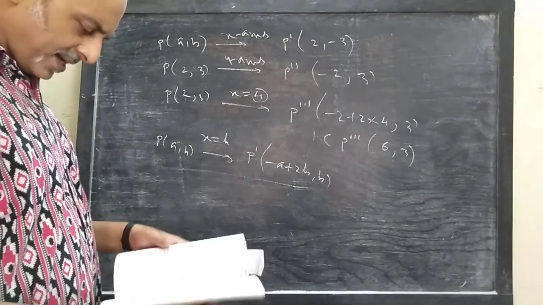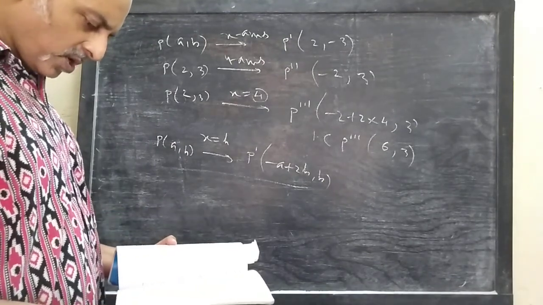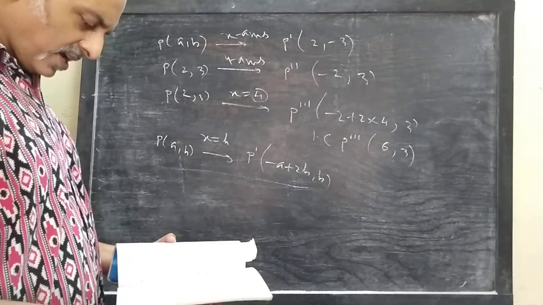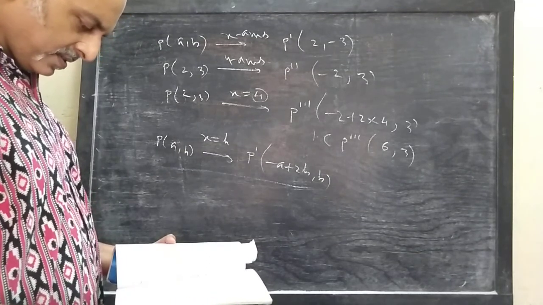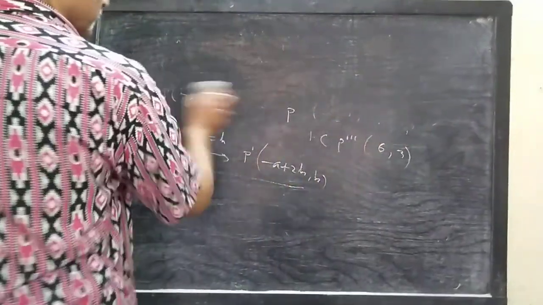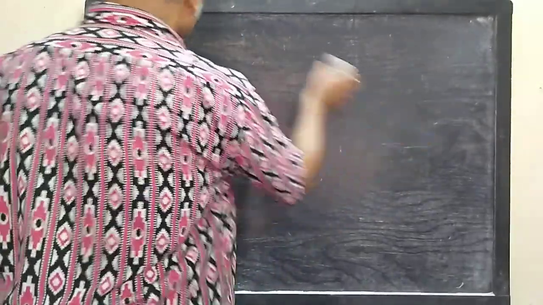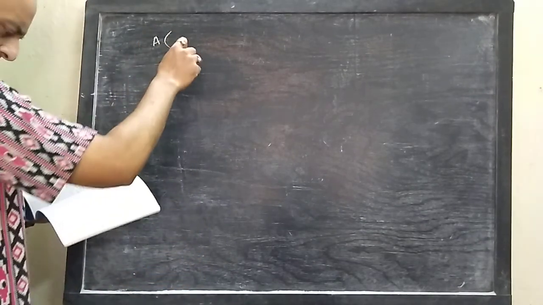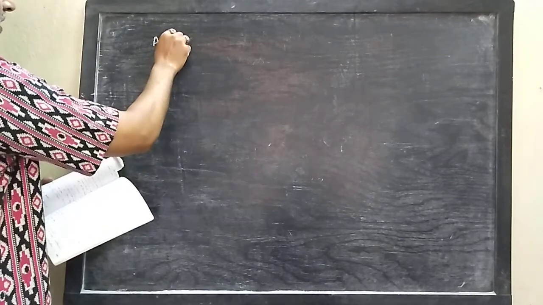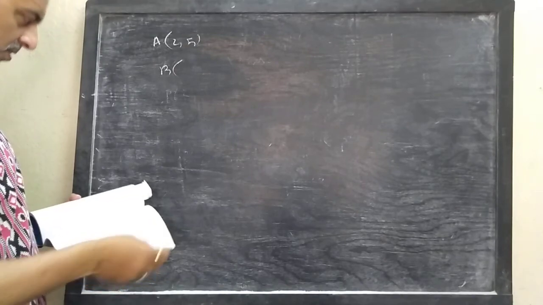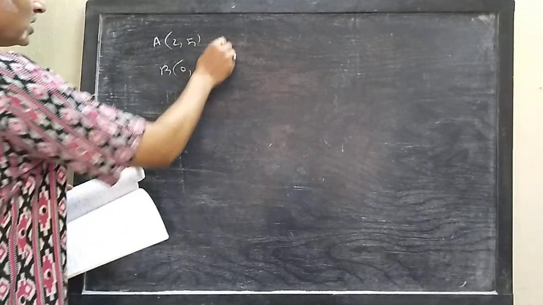Next question. Points A and B have coordinates (2, 5) and (0, 3). Find number 1, the image A dash of A under reflection in the x-axis. Point A has its coordinates (2, 5) and point B has its coordinates (0, 3).